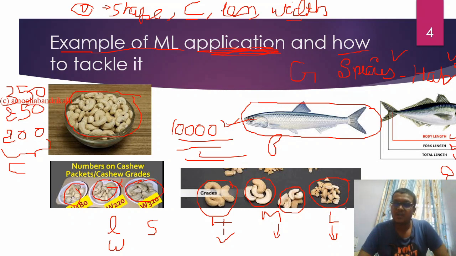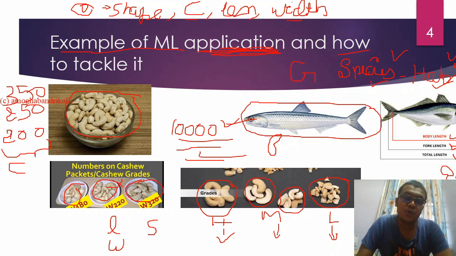Again, you need to take some 1000 to 1200 images of different species and different sizes, and you are going to tell that for this respective size and this respective feature the cost is this one. So like this, that is the example of ML, how you are going to tackle it.